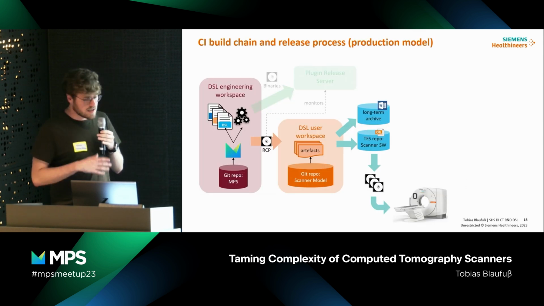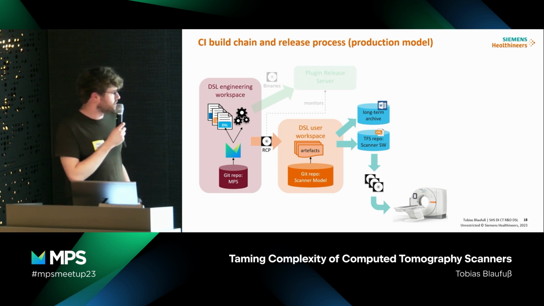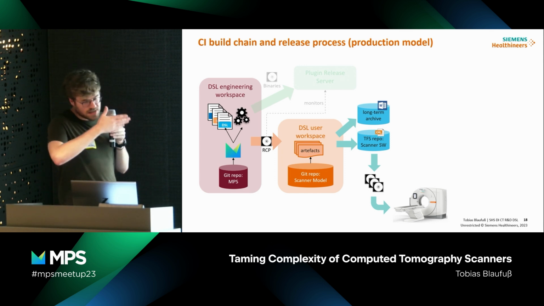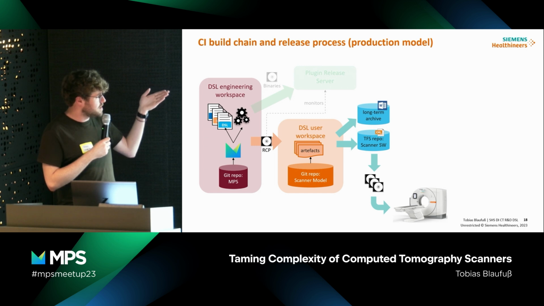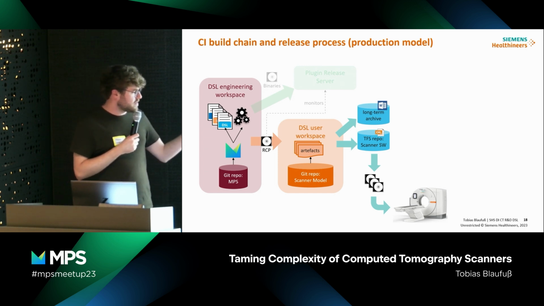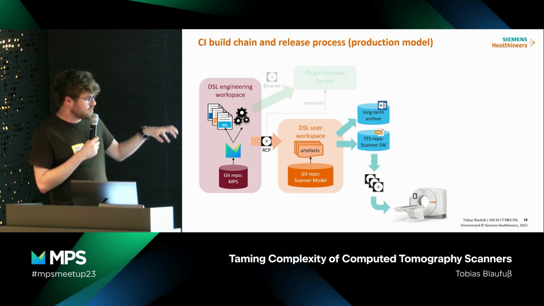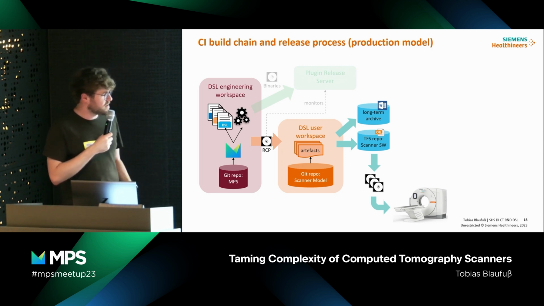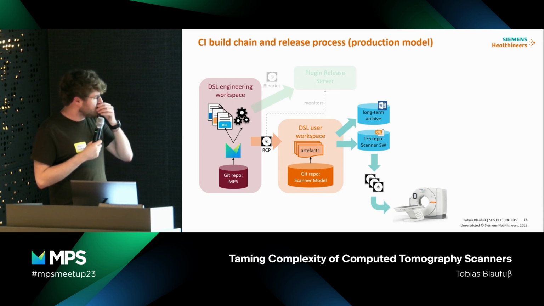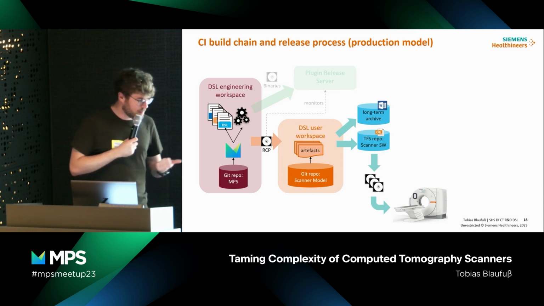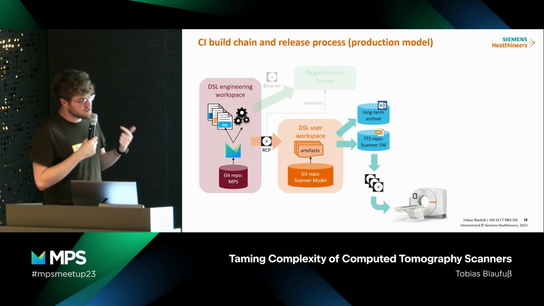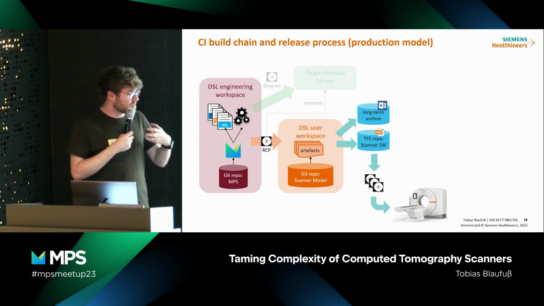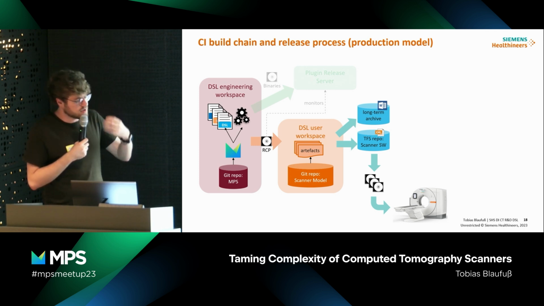And lastly, the CI build chain, just a quick rundown. We can split it up into the production model and our own development process. Here is the production model process. As soon as we release RCPs and our stakeholders push something to our repository, a CI pipeline checks if the model is still valid, then it generates the artifacts, and after the artifacts are generated, a system integration pipeline automatically executes integration tests for each of our scanner models.